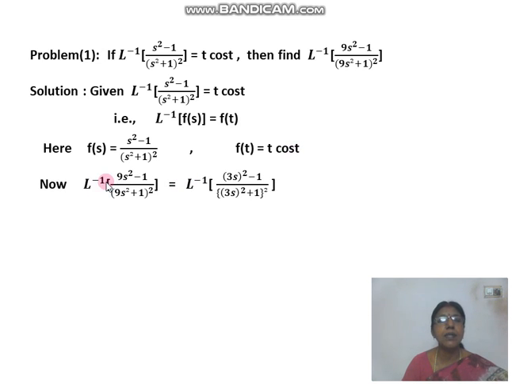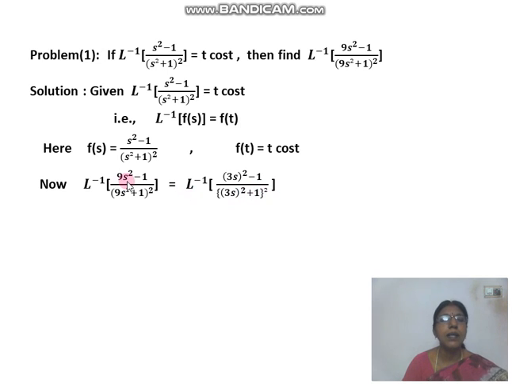Now what is our aim? Up to this step, this is the given matter. Then the question is: find L inverse of 9s square minus 1 by 9s square plus 1 whole square. It can be written as L inverse of (3s) whole square, meaning 9s square, minus 1 by (3s) whole square plus 1 whole square.